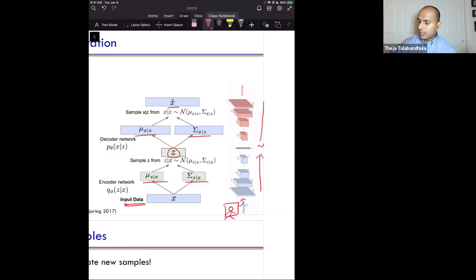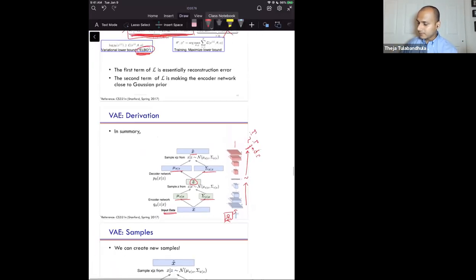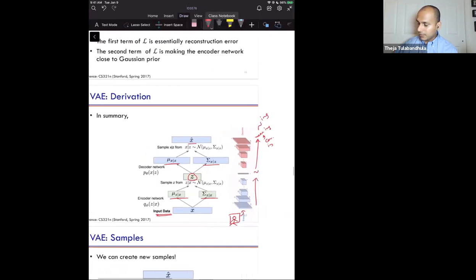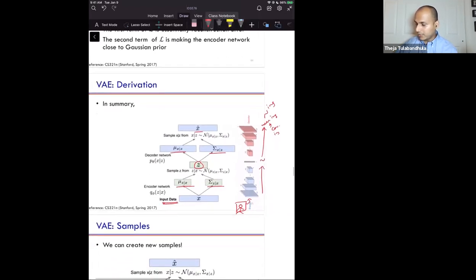And then you use a transpose conv block, which produces a mean image and a covariance of the image from which we sample an image. That's what's happening in the whole training process to learn the parameters.